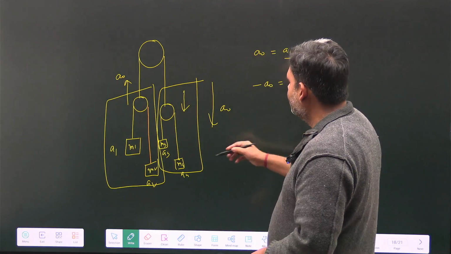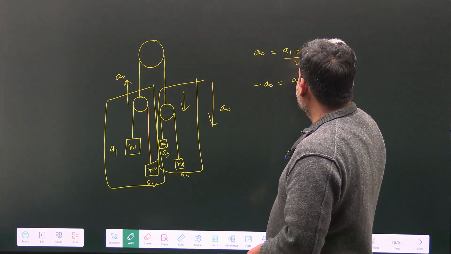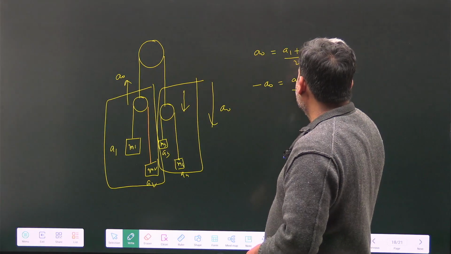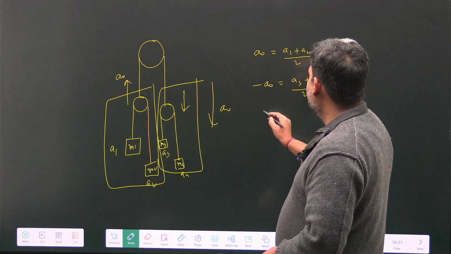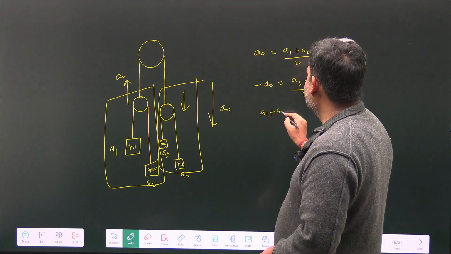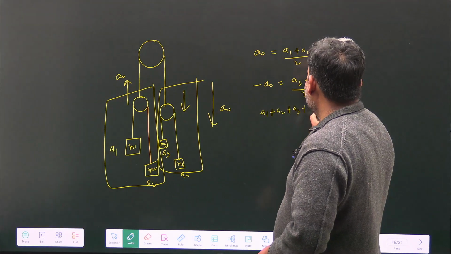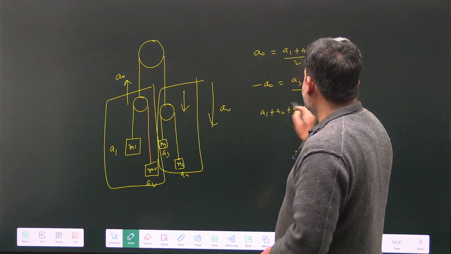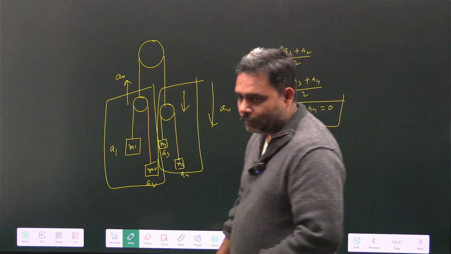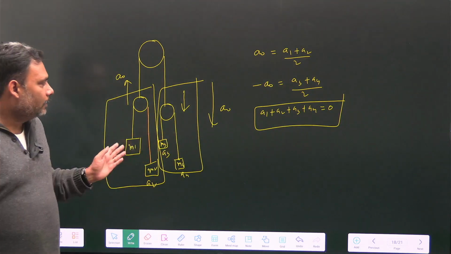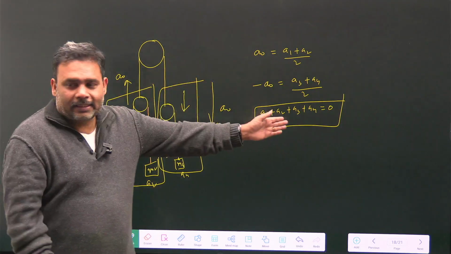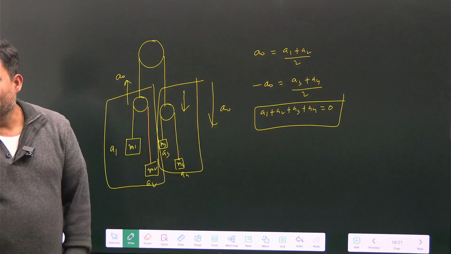Minus A0 is equal to (A3 plus A4) by 2. And from there, you can have A1 plus A2 plus A3 plus A4 must be equal to 0. And now you can write your equations of motion, use this constraint, and solve the problem.